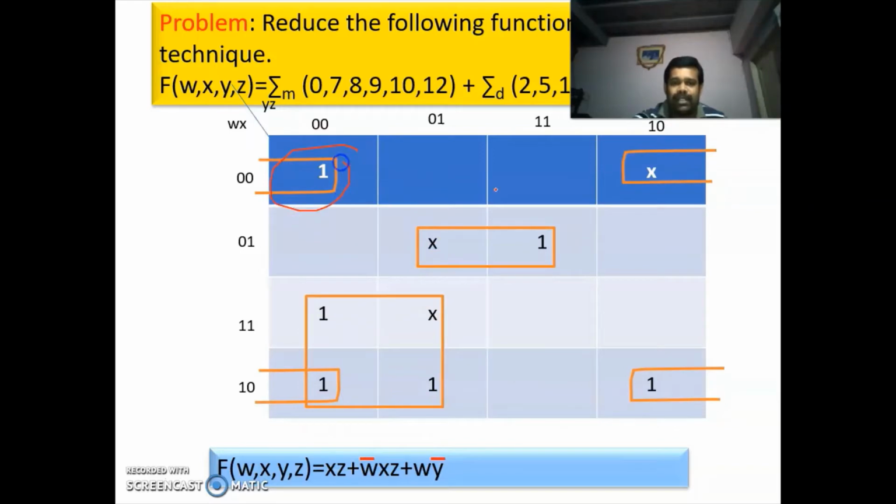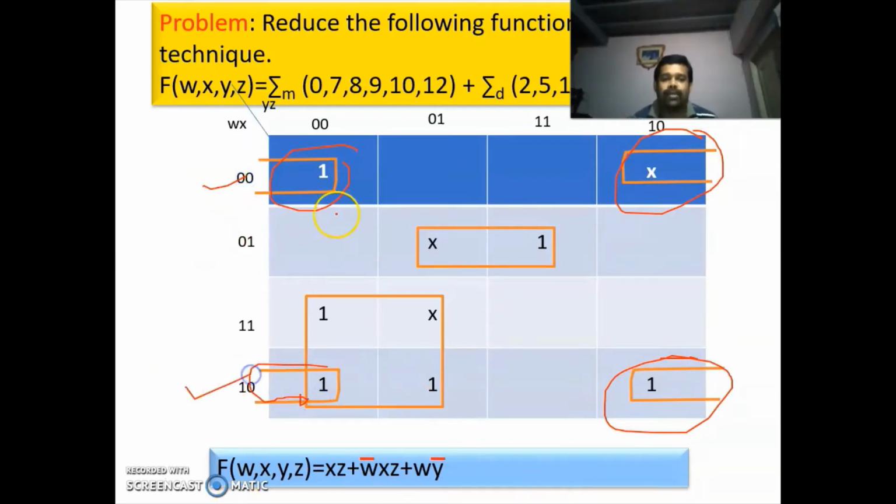The expression for this quad: we have used two rows and two columns. In these two rows X is not changing, so it is X bar, and here Z is not changing, so Z bar.